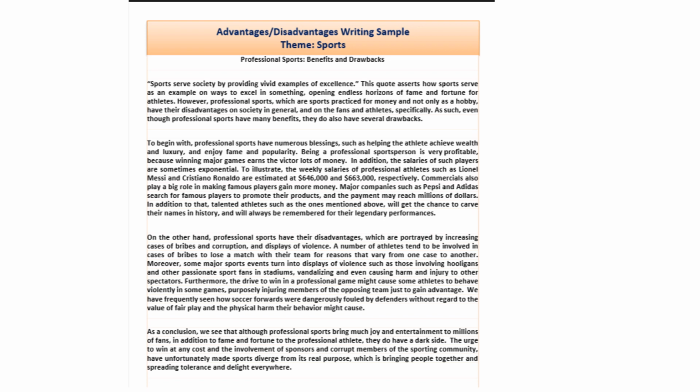In addition, the salaries of such players are sometimes exceptional. To illustrate, for example, the weekly salaries of professional athletes such as Lionel Messi and Cristiano Ronaldo are estimated at $646,000 and $663,000 respectively. Commercials also play a big role, like sometimes international football players or professional football players make some commercials for certain brands, they are sponsors of certain brands, so this also makes money.